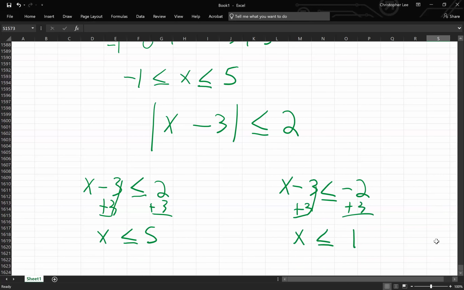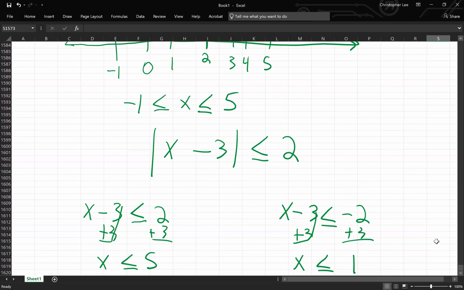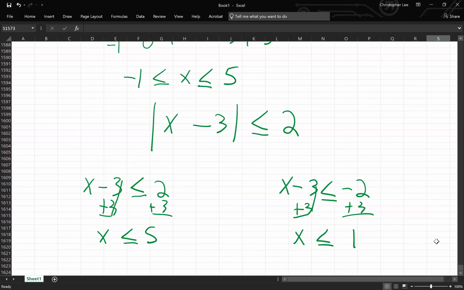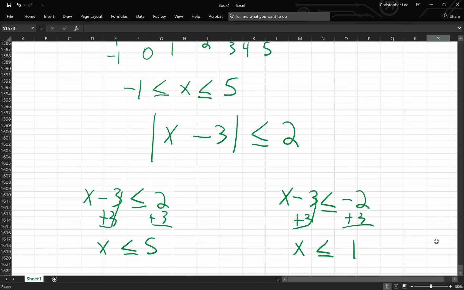Hold on. Which one's -3? Nah, that's right. I'm adding 3 to both sides.